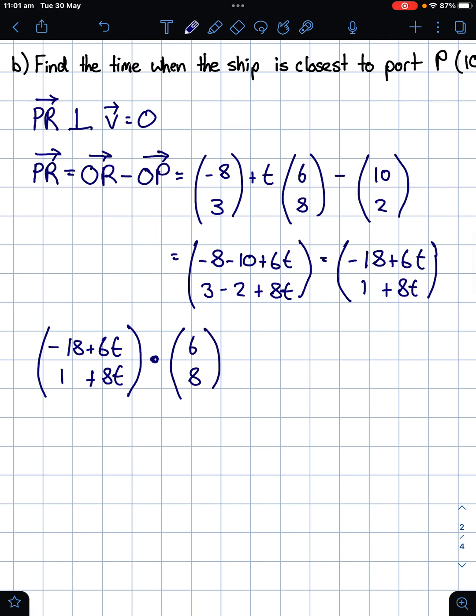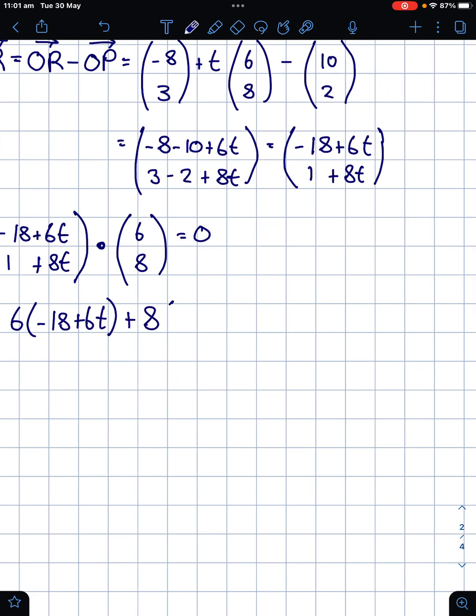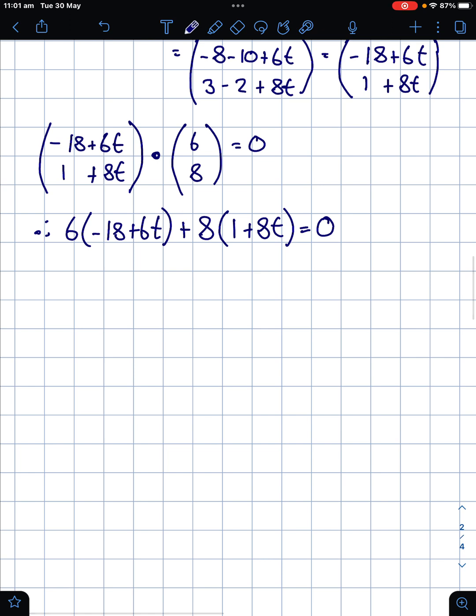6 and 8 equals 0. Therefore, we're going to have 6 -18 plus 6t plus 8, okay, and then 1 plus 8t equals 0. So let's just divide everything here by 2, which is going to give us that other one.